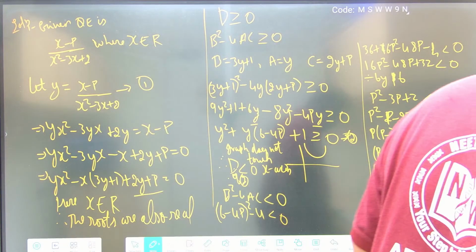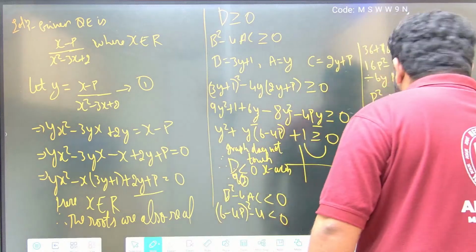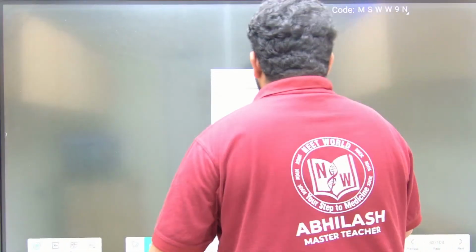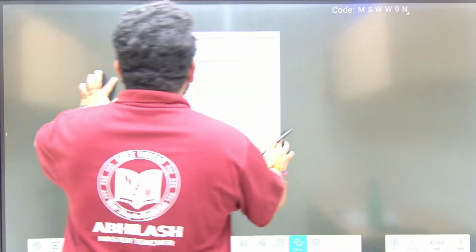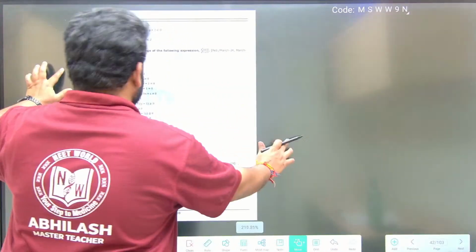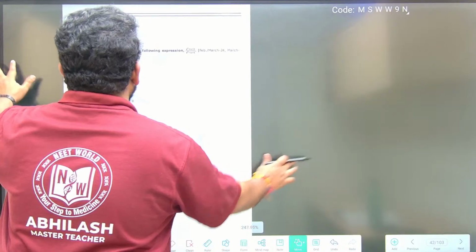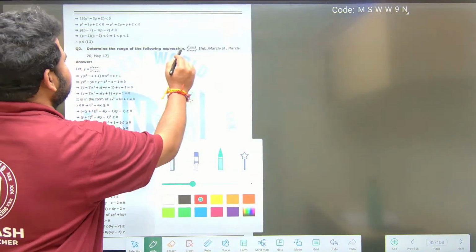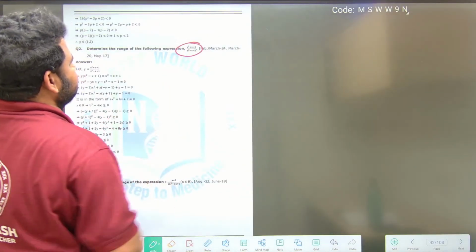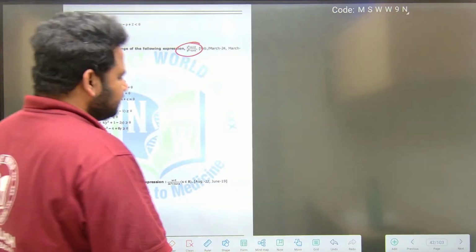Now let us go to the next question, friends. Look at this, they are asking: determine the range of the following expression, x square plus x plus 1 by x square minus x plus 1. Let us solve.